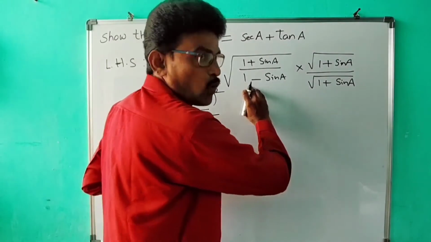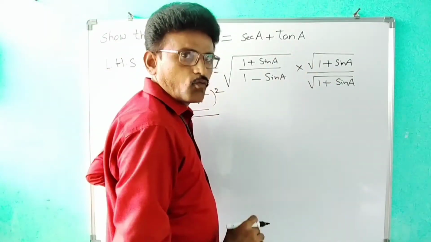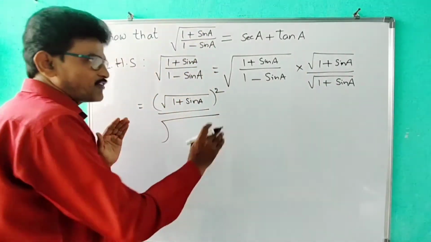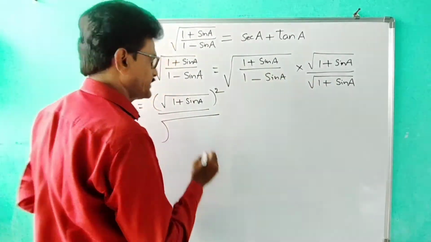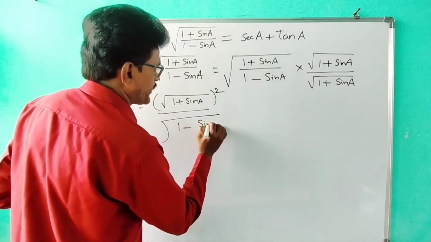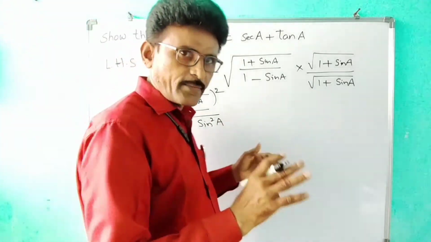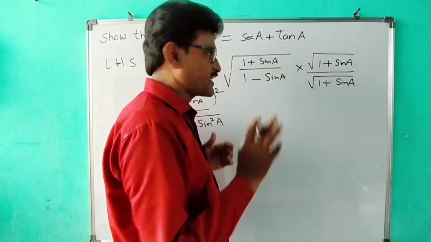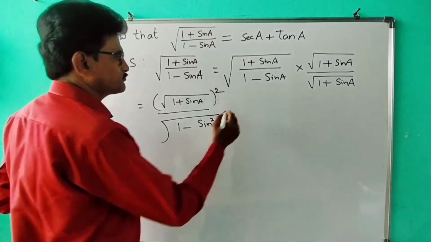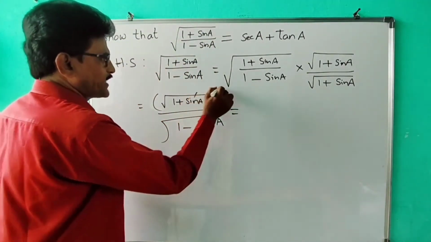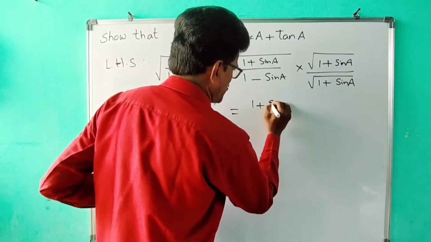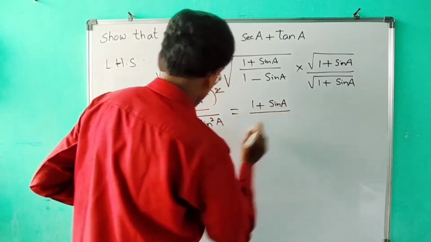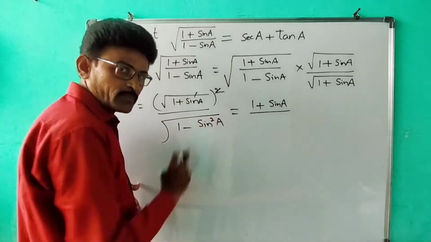Root of 1 minus sin a into root of 1 plus sin a is root of (1 minus sin a) into (1 plus sin a). A plus b into a minus b is a square minus b square, so (1 minus sin a) into (1 plus sin a) is 1 square minus sin square a, and 1 square is nothing but 1. Now the root and square cancel in the numerator. You will get simply 1 plus sin a over root of 1 minus sin square a.